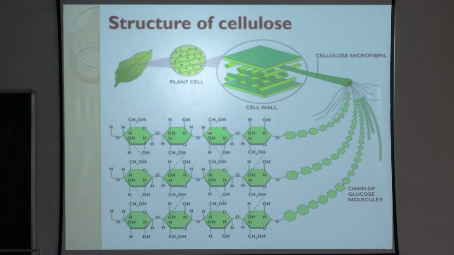Yes. No, not alpha. The structure is rotated. Here it is 6 carbon. It is 4. Here it is 1 and again here it is 4. The alternate glucose molecule just rotates to make it continuous beta 1,4. Clear? It is beta 1,4 only.